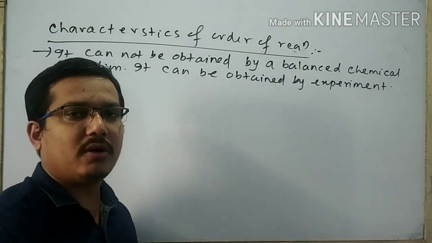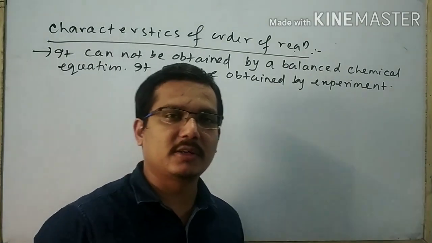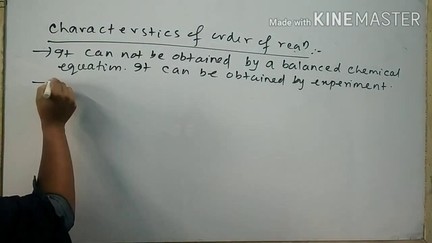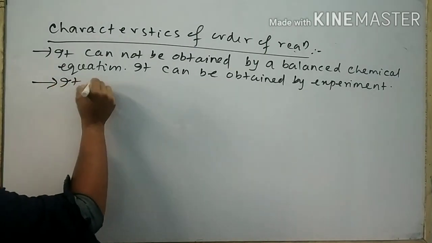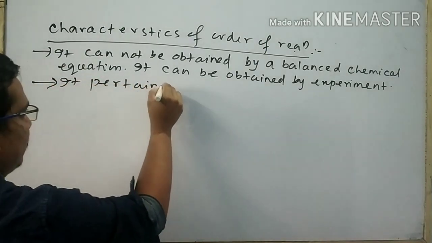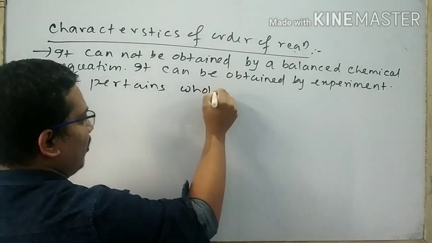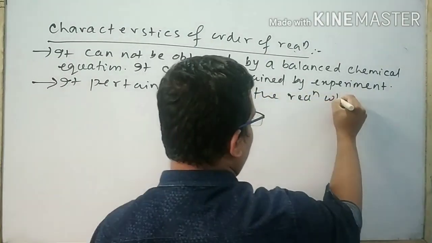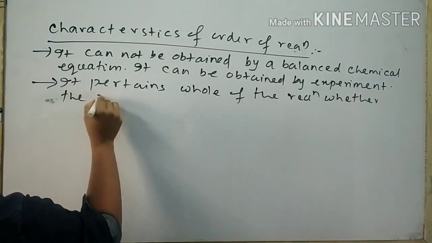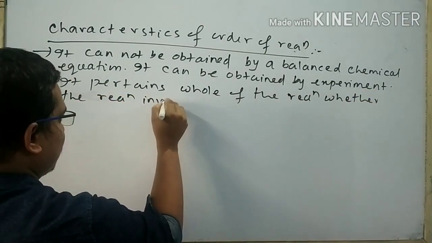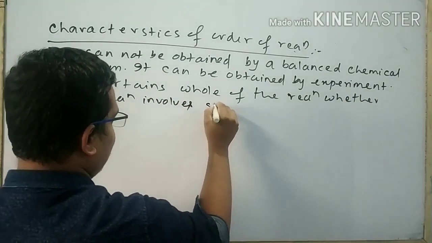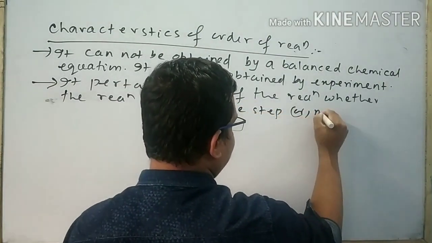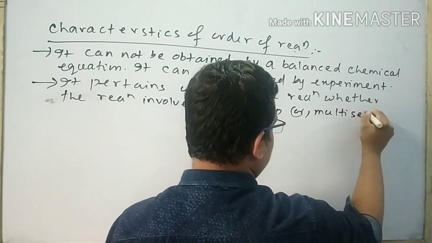It pertains to the whole of the reaction, whether the reaction involves a single step or multi-step. So we can write, it pertains to the whole of the reaction, whether the reaction involves single step or multi-step.